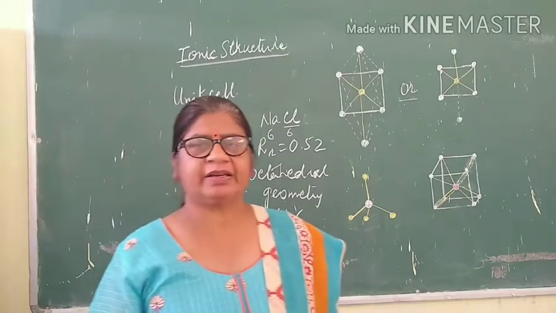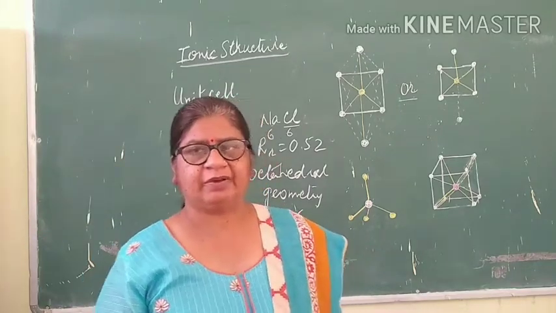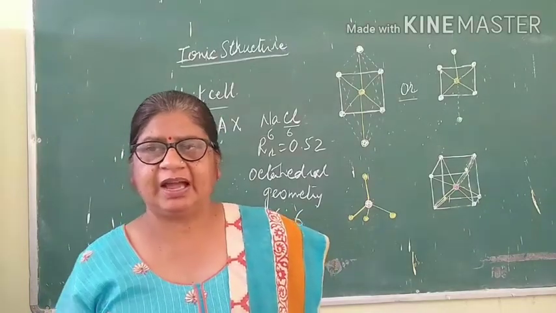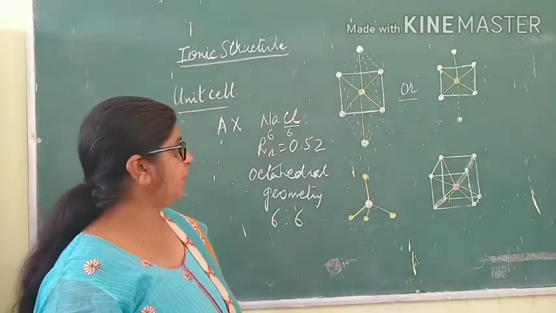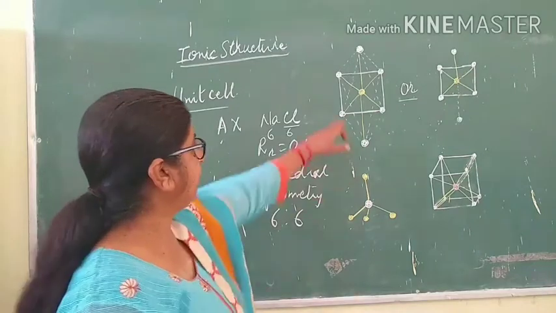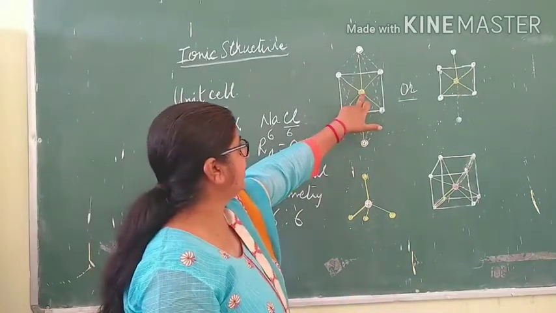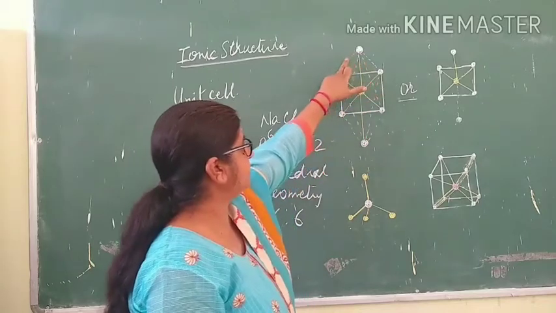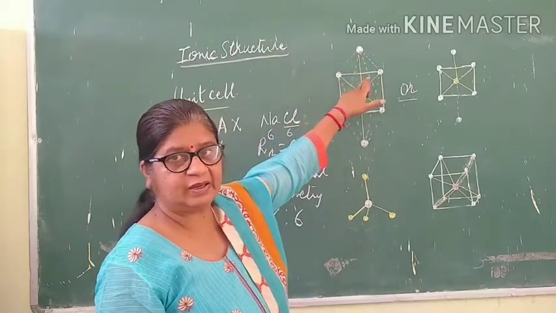In sodium chloride, we have a cubic closed packing structure, and such a structure can be seen like that. Here it is a sodium ion which is surrounded by 6 chloride ions.